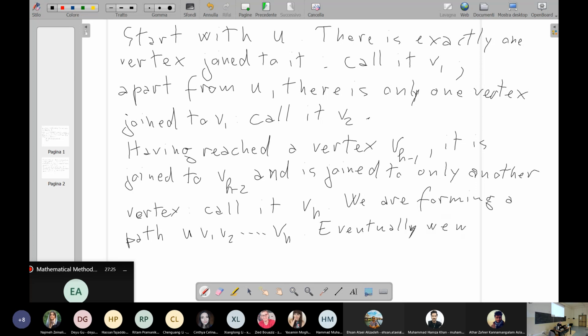Eventually, we must reach also V, the only other vertex of degree 1.